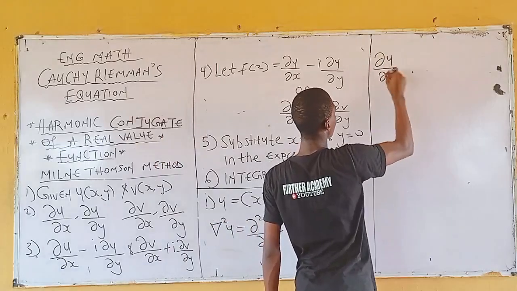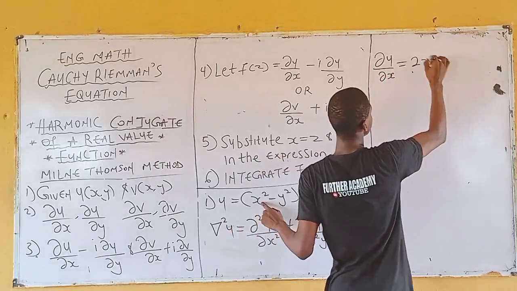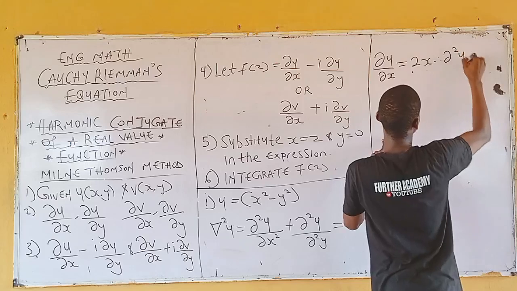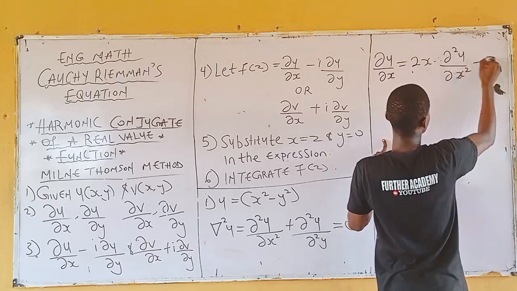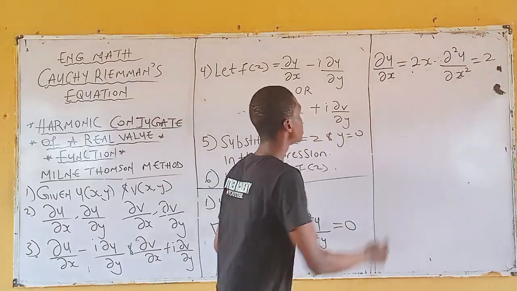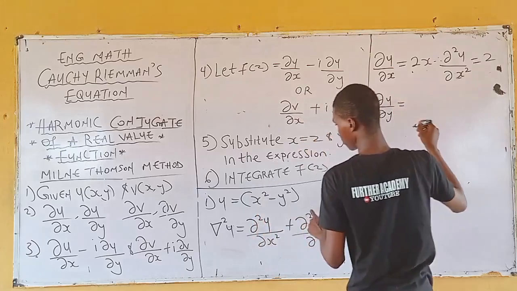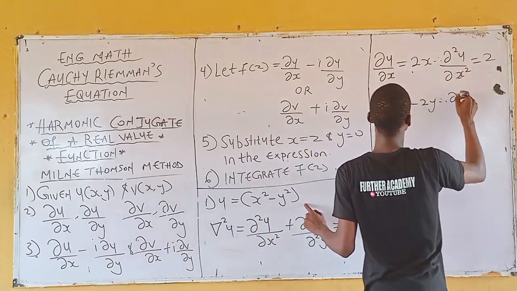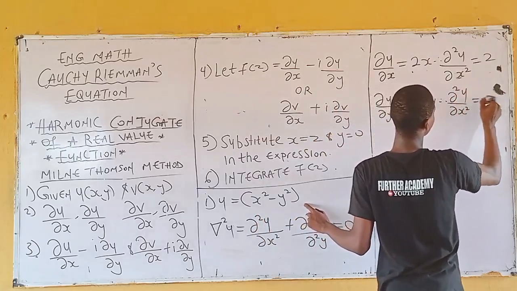Now let's solve this. du over dx is 2x. Then the second derivative d squared u over dx squared is 2. Similarly, the partial derivative of u with respect to y is negative 2y, so the second derivative is minus 2.